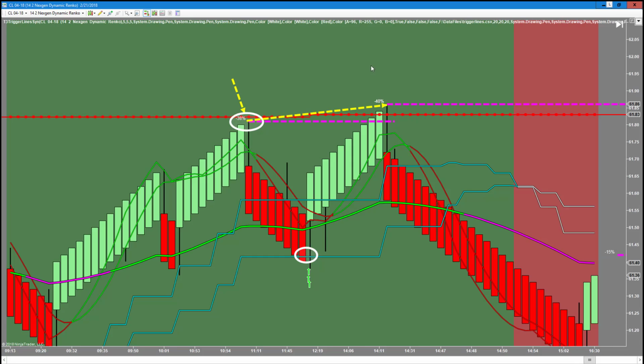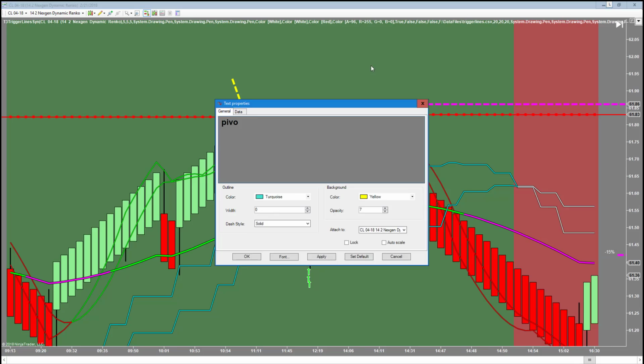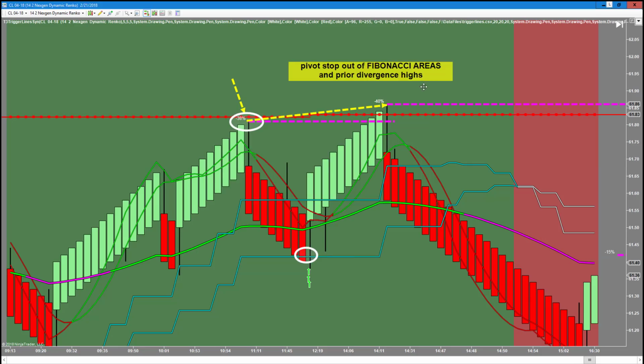So we have a pivot stop out of Fibonacci areas, right? And prior divergence highs as marked by the magenta dotted line going sideways. So at this very moment, right here, we really have a high probability of the market going to the downside.